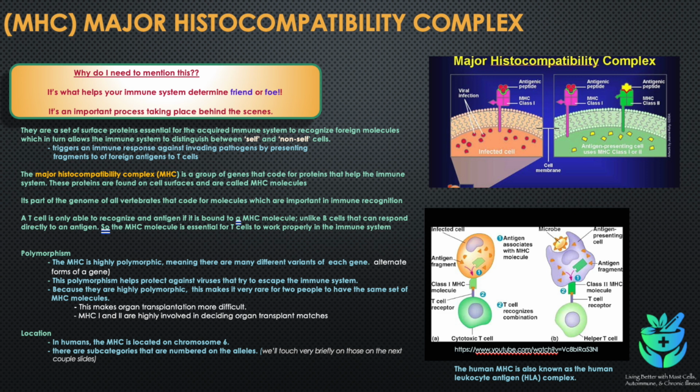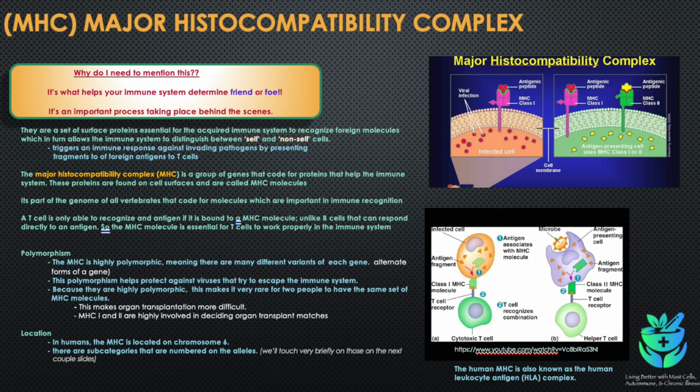The MHC is highly polymorphic, meaning there are many different variants of each gene. The polymorphism helps protect against viruses that try to escape the immune system. Because they are highly polymorphic, this makes it very rare for two people to have the same set of MHC molecules.